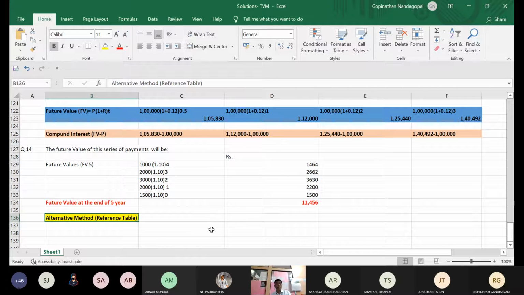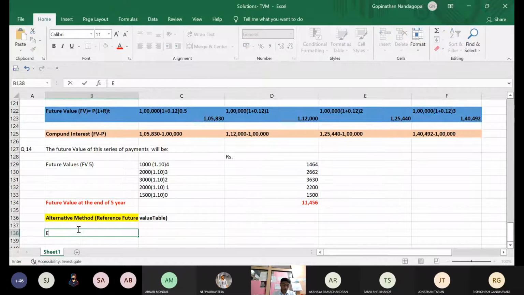This we are going to do with reference to the future value table. When you're going to do this, the first column is end of the year. You can call this column 1.